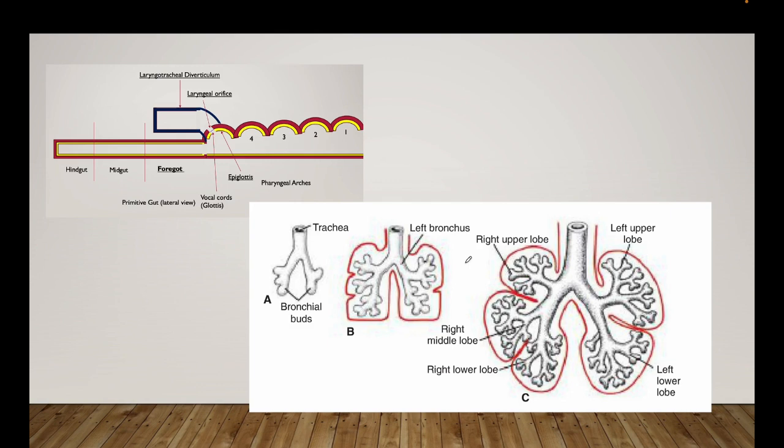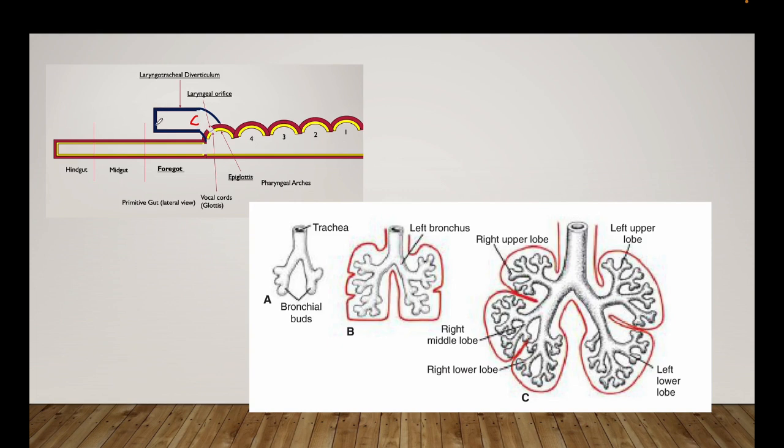We finished the larynx. Now let's move on to what's left of the lower respiratory tract, which is the trachea, the bronchial tree, and the lungs. Now we have the laryngotracheal diverticulum. This is cranial, this is caudal. The cranial part of the diverticulum develops into the trachea, which makes sense.